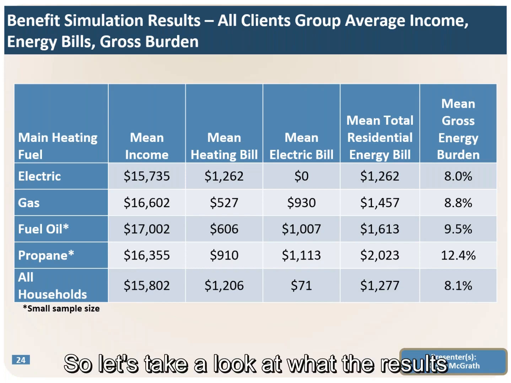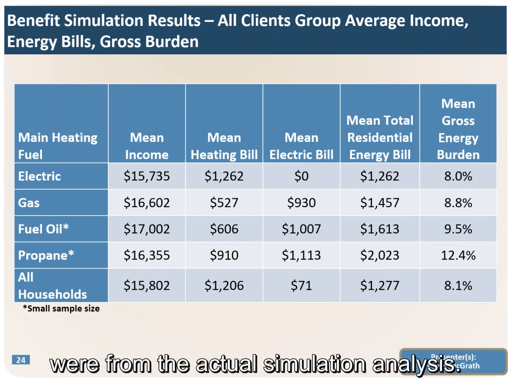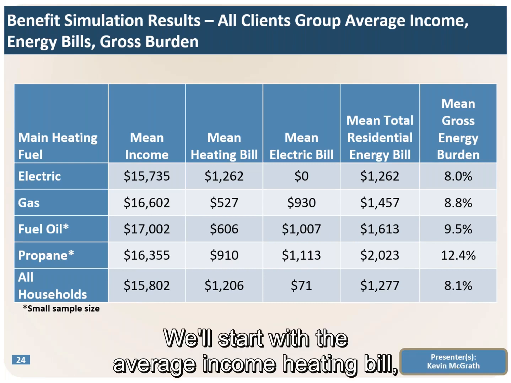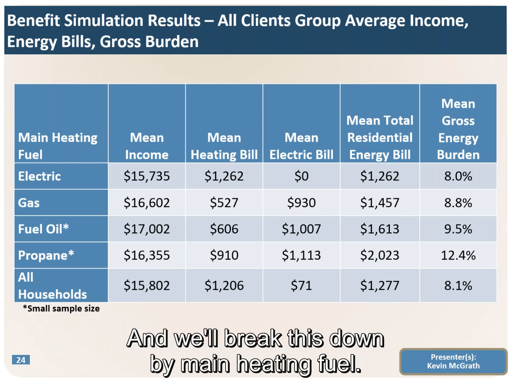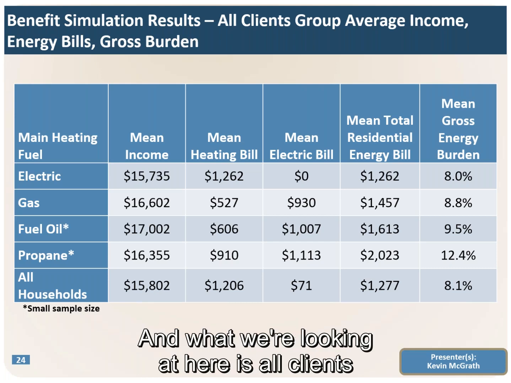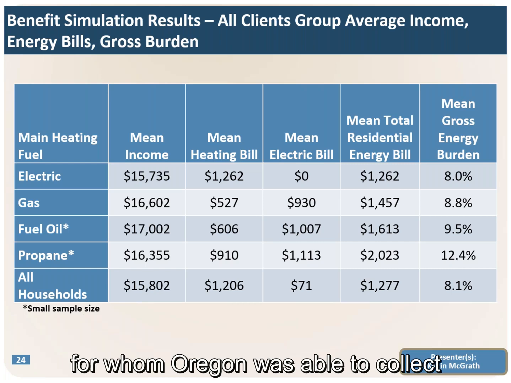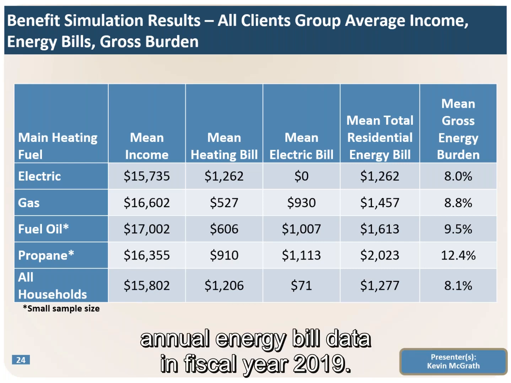So let's take a look at what the results were from the actual simulation analysis. We'll start with the average income, heating bill, electric bill, and gross energy burden of clients, and we'll break this down by main heating fuel. And what we're looking at here is all clients for whom Oregon was able to collect annual energy bill data in fiscal year 2019.